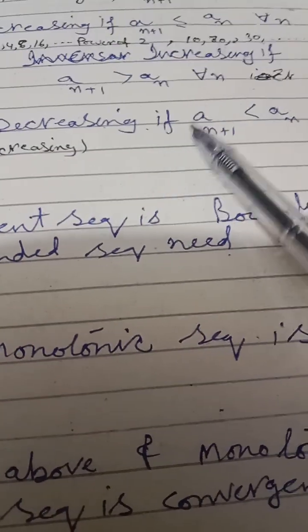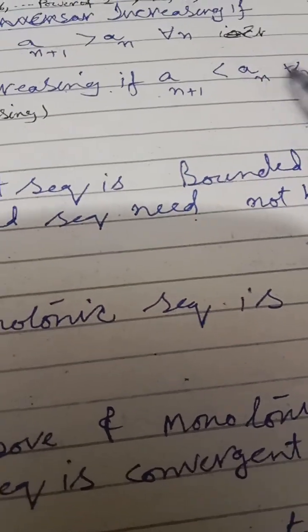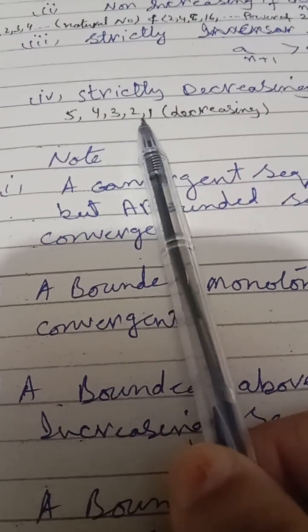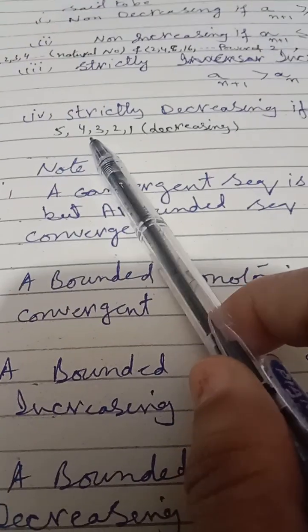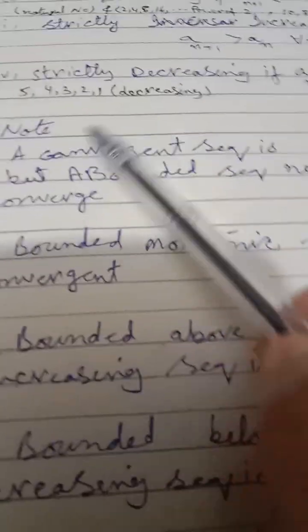Strictly decreasing if an+1 is less than an for all n. Here 5, 4, 3, 2, 1 is a decreasing condition: after 5 comes 4, then 3, 2 and 1.